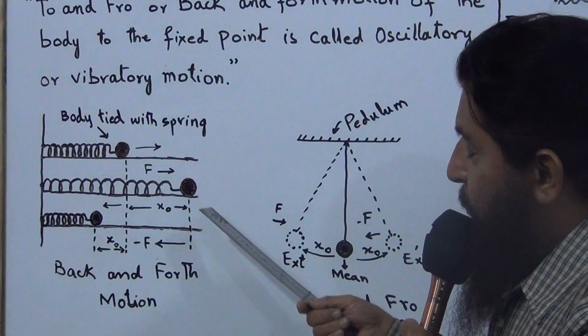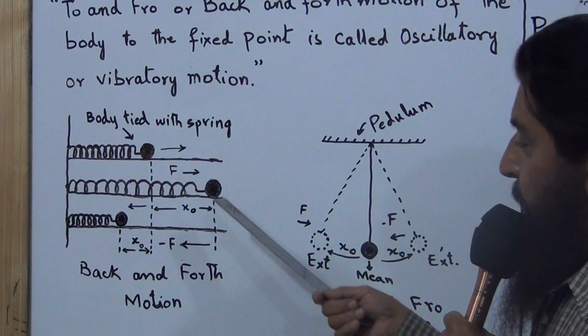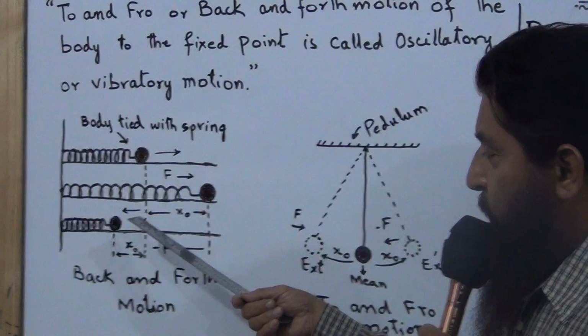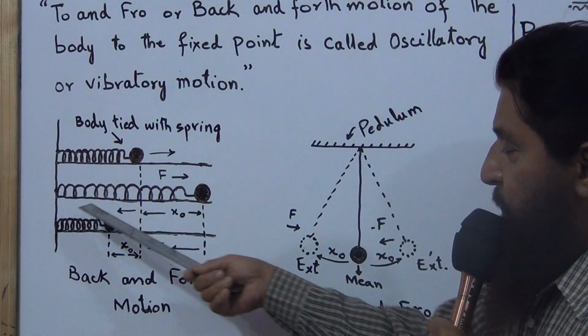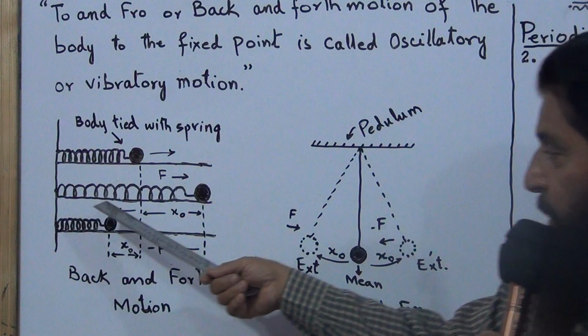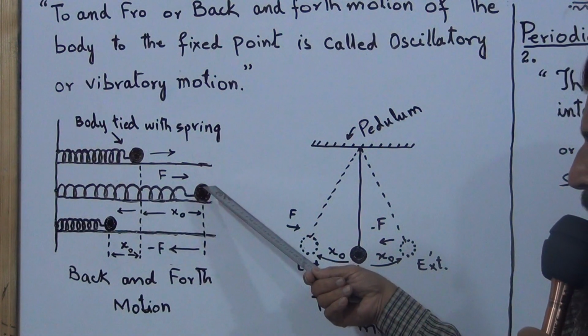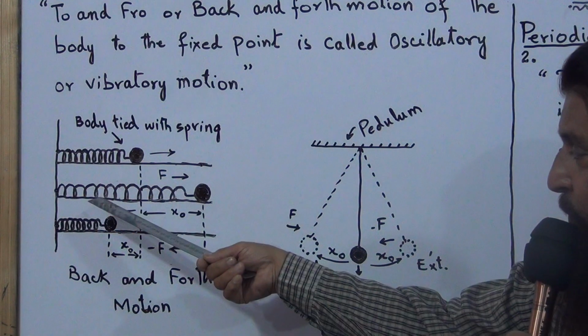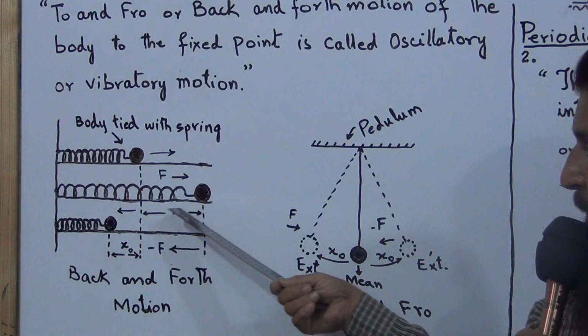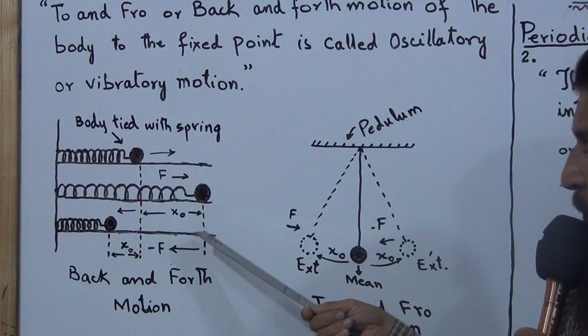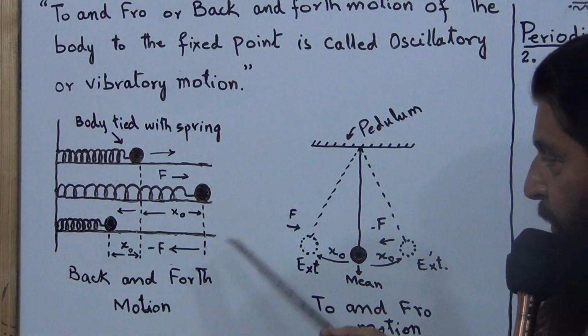Why does the body come back? It comes back due to the restoring force which exists in the spring when you pull it. So the body will move back and forth around its mean position.